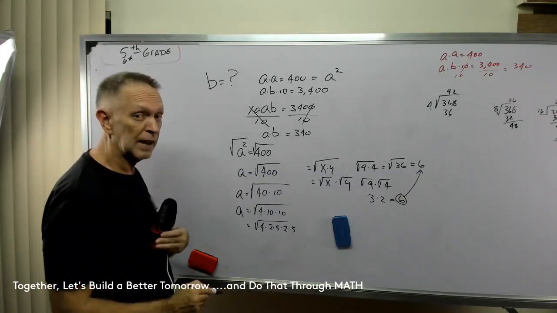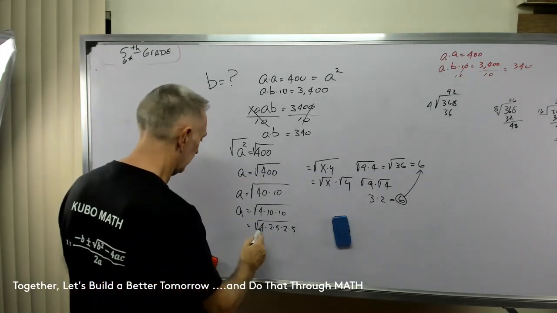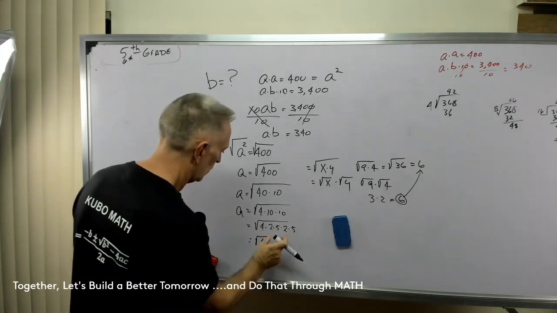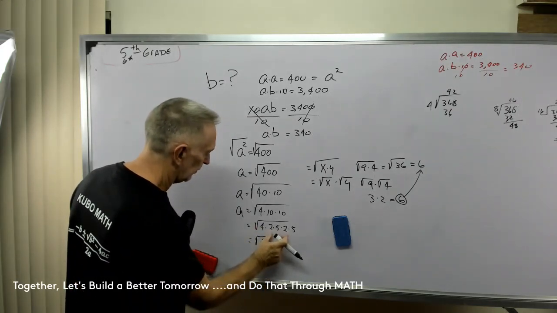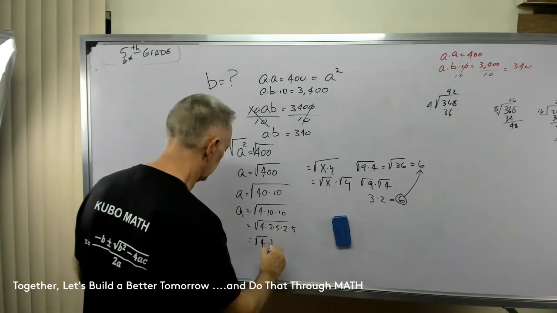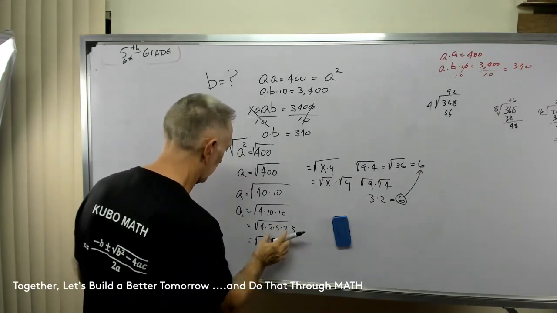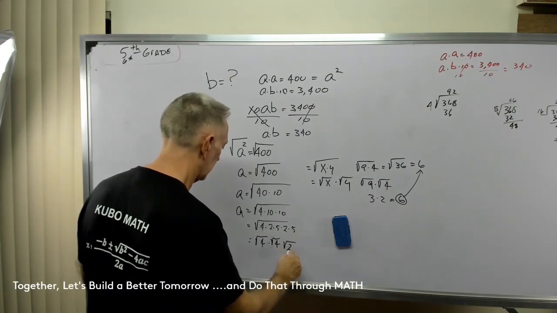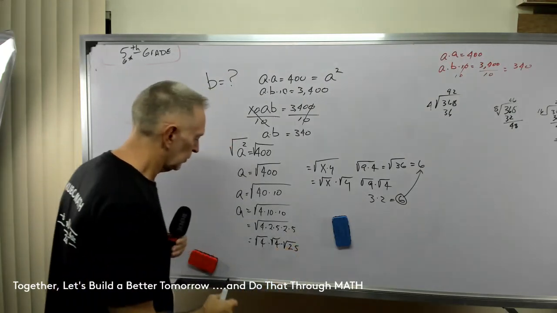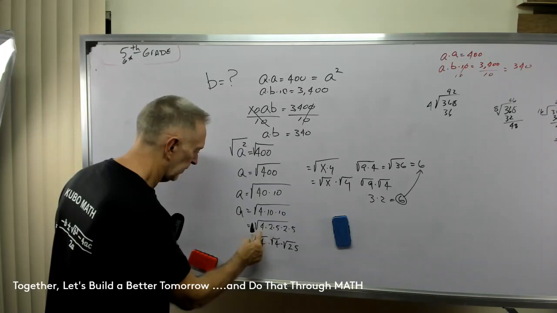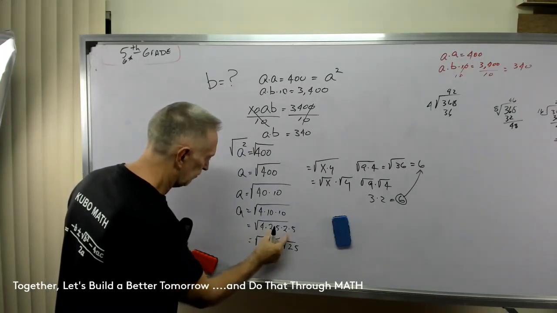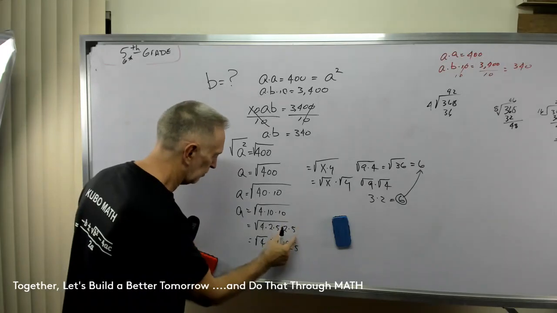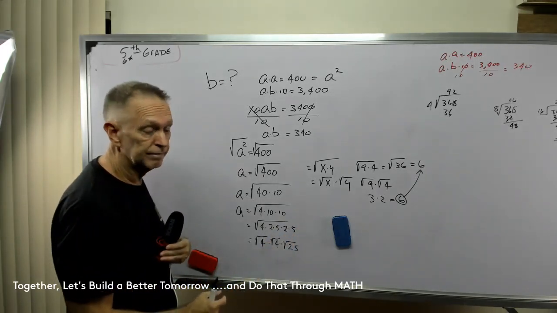Can you see what's happening? We've got the square root of 4, this 4. 2 times 2 is 4, so that's times the square root of that 4. 5 times 5 is 25. So we have the square root of 4 times the square root of 4, which was that 2 times 2, times the square root of 5 times 5.